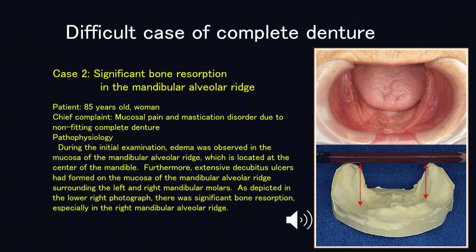Furthermore, extensive decubitus ulcers had formed on the mucosa of the mandibular alveolar ridge surrounding the left and right mandibular molars, as depicted in the lower right photograph. There was significant bone resorption, especially in the right mandibular alveolar ridge.